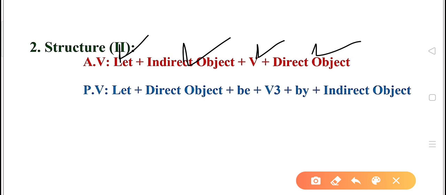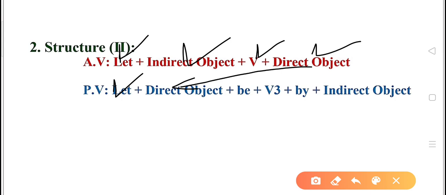When we change this into passive, the passive begins with let, just like structure number 1. Now let is followed by direct object. This is where the change happens. Direct object is to be brought forward and put just after let.